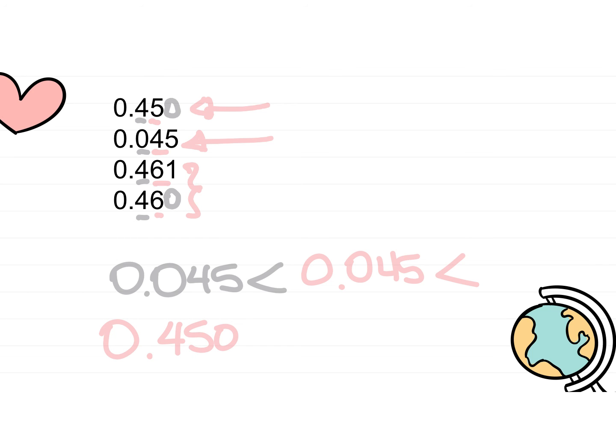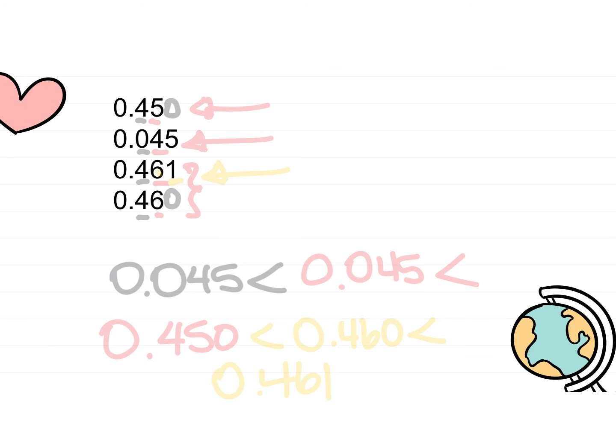Now with these two, the 4 is the same in both of them, the 6 is the same in both of them, but this number right here has a 1 above it, so it's the largest of all of them. So 0.46 goes here, and the largest number in this set is 0.461.